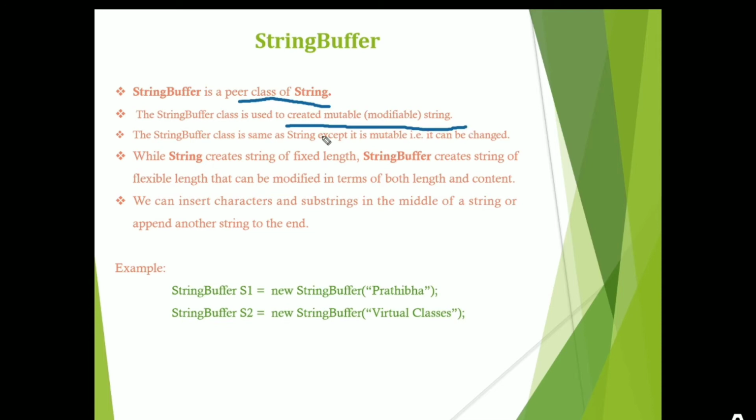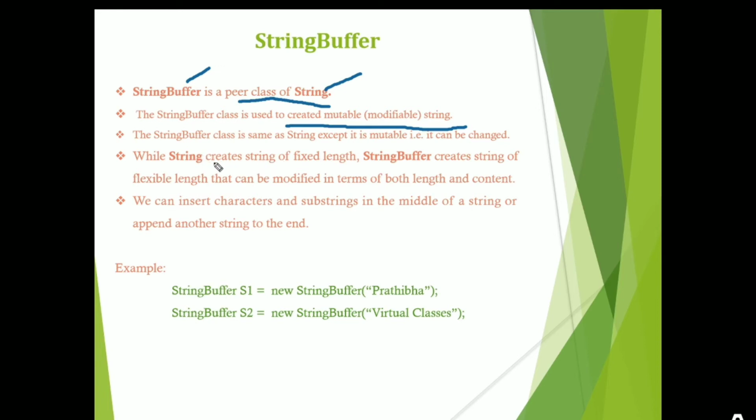The StringBuffer class is the same as String except for mutability. Both classes are the same when used to create strings, but the String class creates immutable objects, while the StringBuffer class creates mutable objects that can be changed.